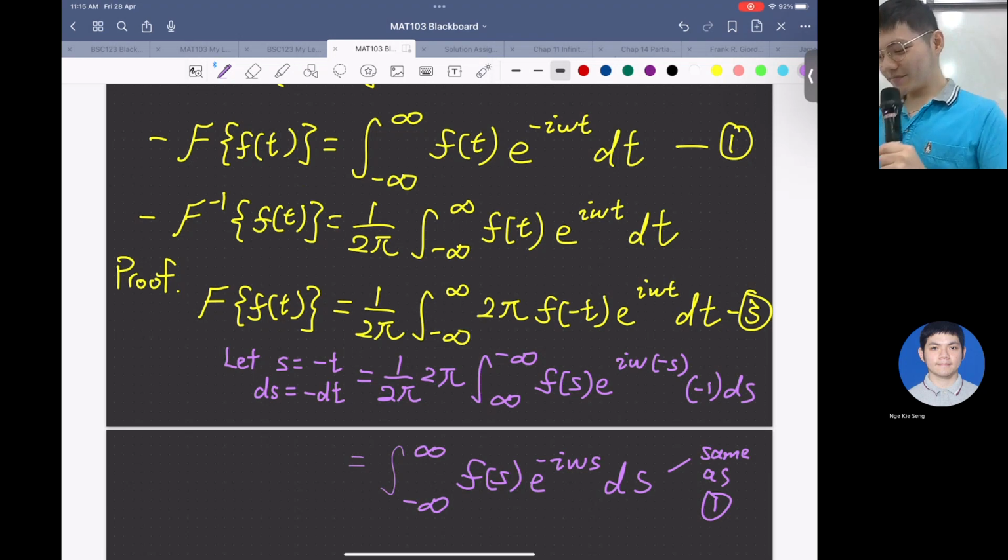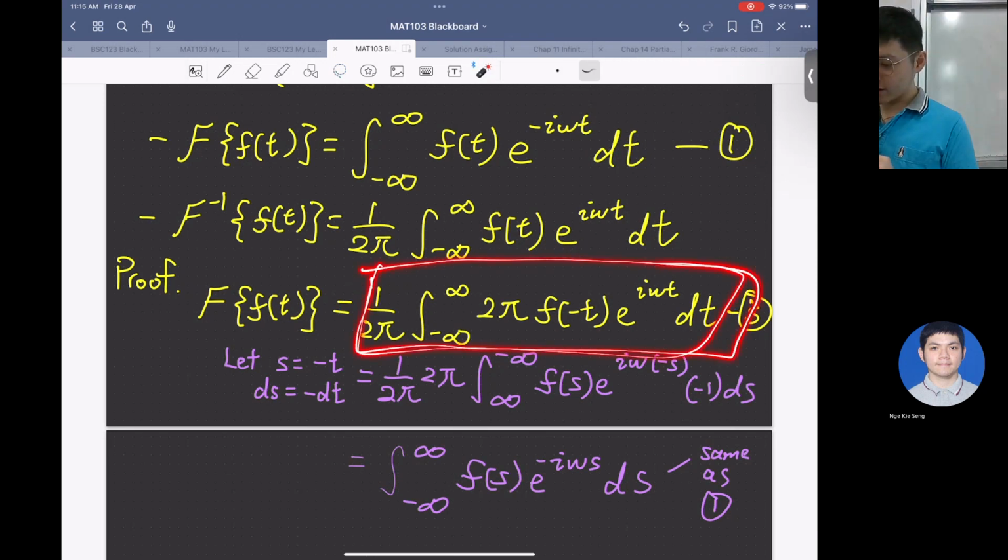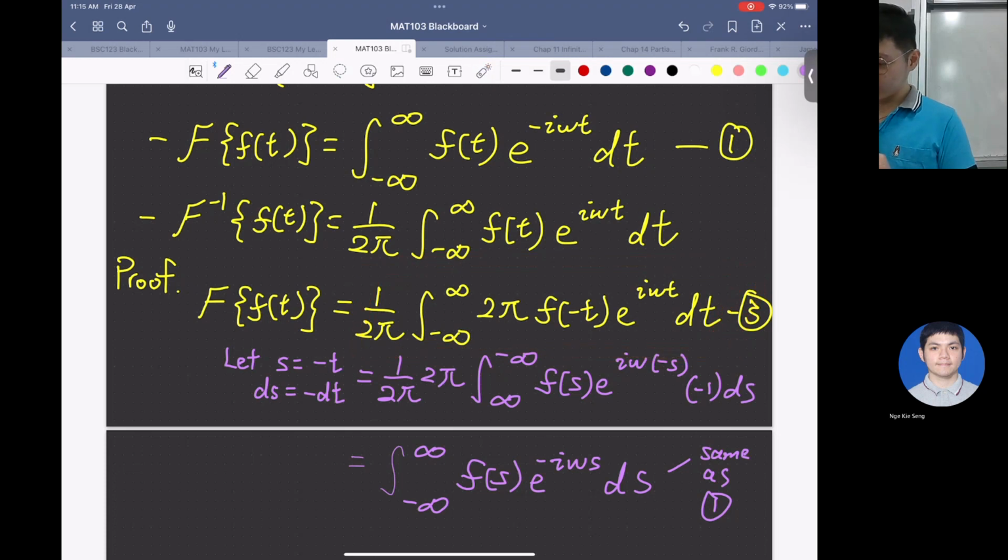So what's this here? You can see that this is quite close to equation 2, except the function inside here is a little bit different.